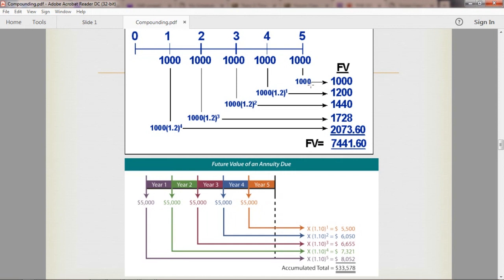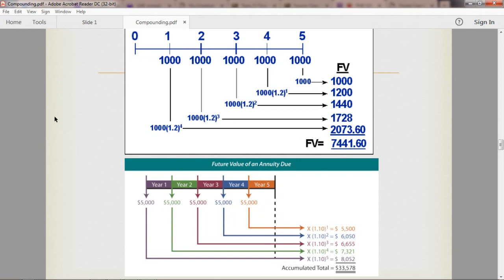And you will see that the number of compounding is always less than n, one less than the total number of deposits, right? The maximum number of compounding is always n minus one.